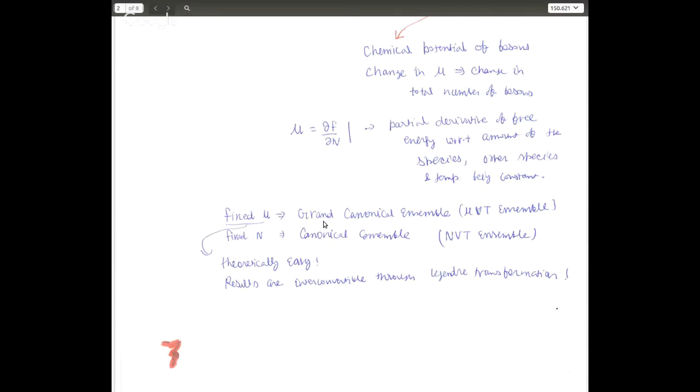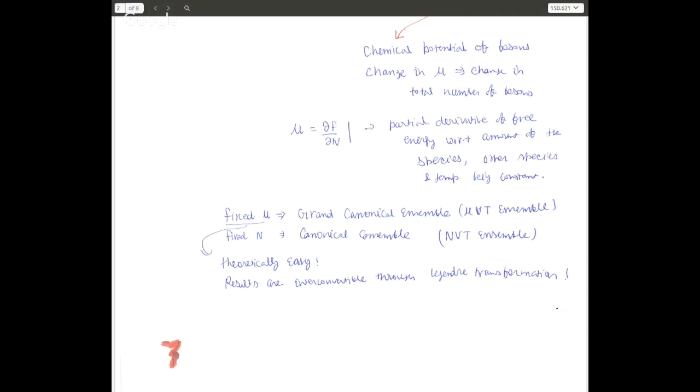Fixed mu is called the grand canonical ensemble, and fixed n is called the canonical ensemble. As we know, calculations are much easier in the grand canonical ensemble than in the canonical ensemble. So typically we do the calculation in the grand canonical ensemble, and using the Legendre transformation we bring the calculation back to the canonical ensemble.